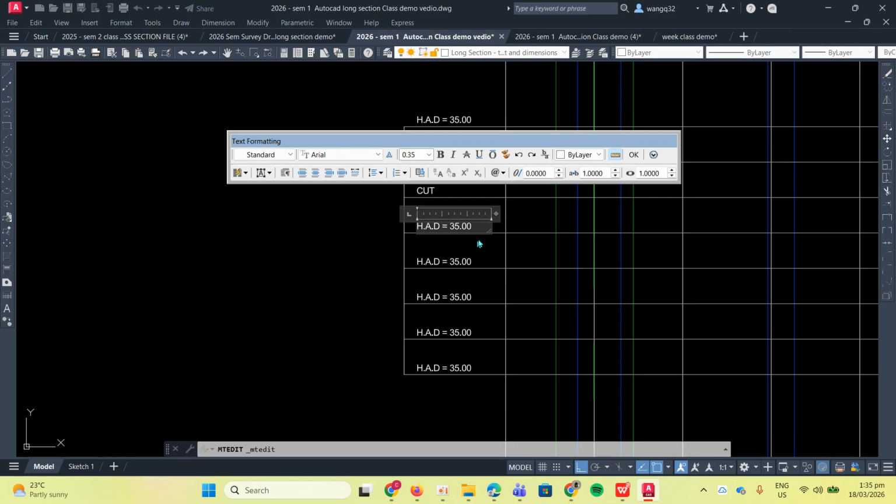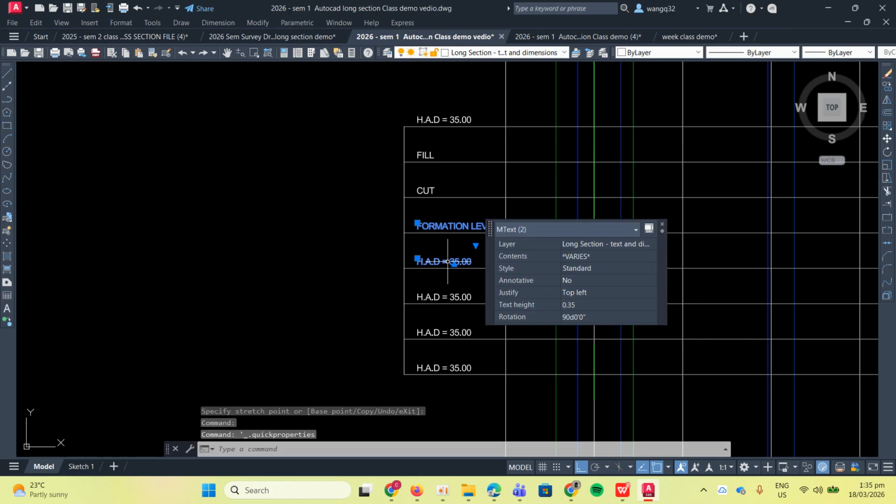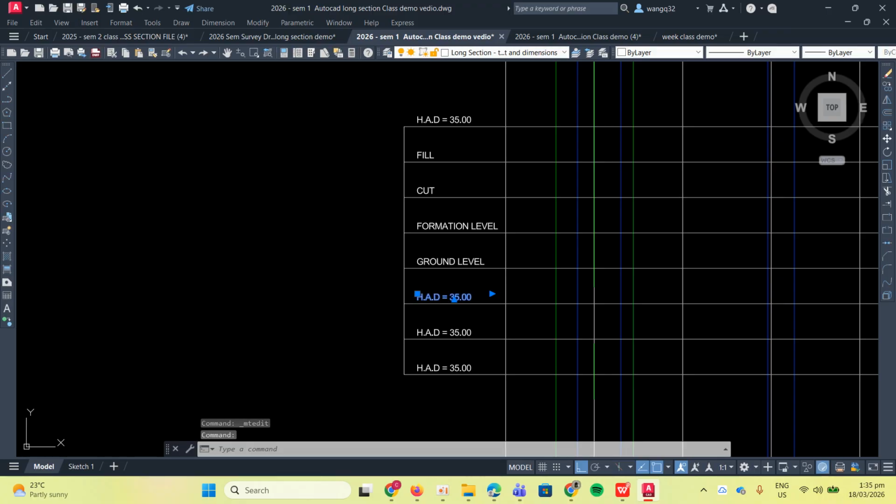And the next one, formation level. And that one is ground level. Inward level.